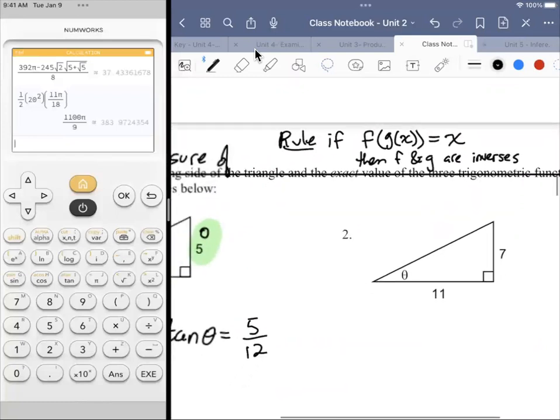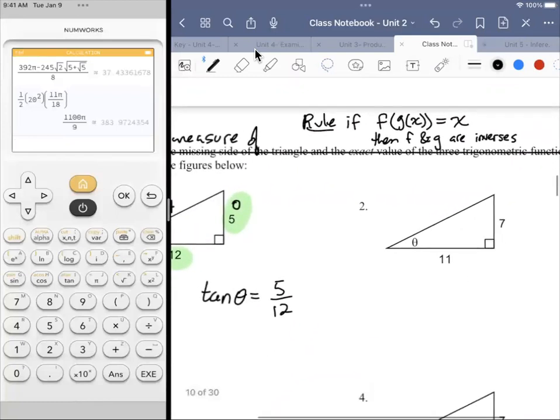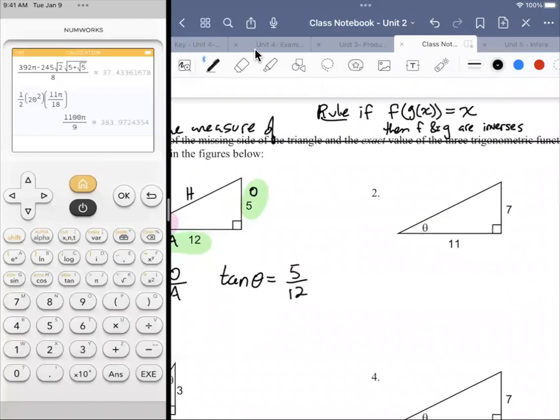So without knowing what an inverse tangent is, we can still apply it, because there's a calculator function built in that'll do it for us. Because I want to get theta alone, I'm going to take the inverse tangent of both sides of the equation.